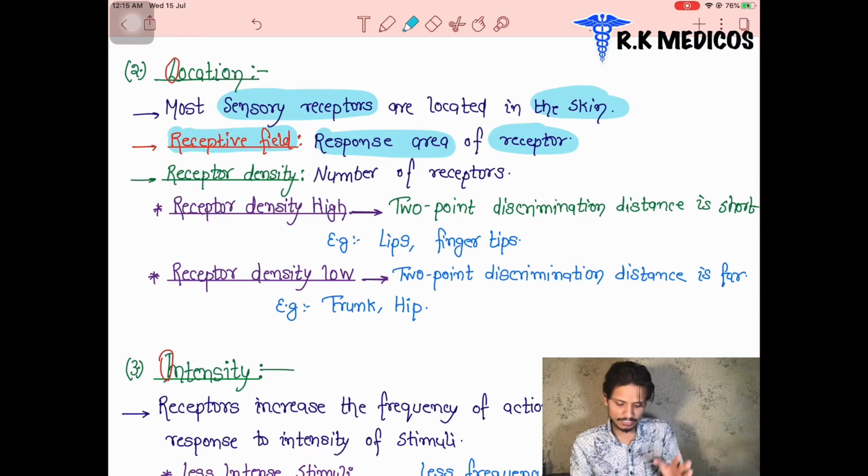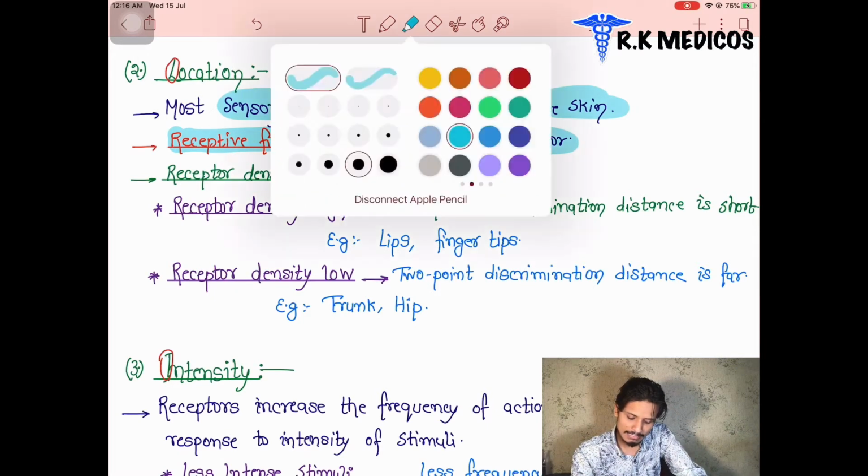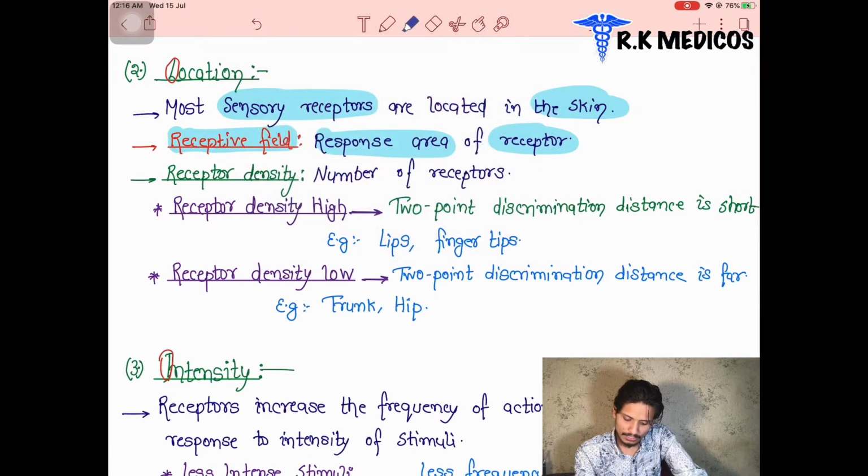The next point is receptor density high and receptor density low. Density means their location, how many in number. Whether the receptor density is high or low can be detected by several tests in our general life, basically in any patient. How can we detect that the patient has low density of receptors in that area?